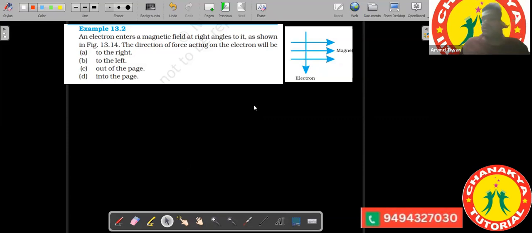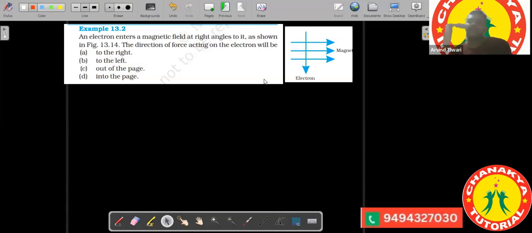Just remember, we take the direction of current to be opposite to the direction of motion of electrons. In the circuit, the direction of current is taken as opposite to the direction of electrons.